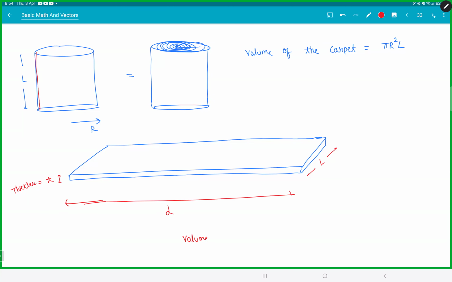The volume of this must be equal to L d t. Isn't it a cuboid? Make sense? But this and this are equal, isn't it? Because it is the same carpet, the volume is still the same. So this must be equal to pi r square L. So from here we will get t into d is equal to pi into r square. This is one piece of information we will need. Is this clear, everyone?